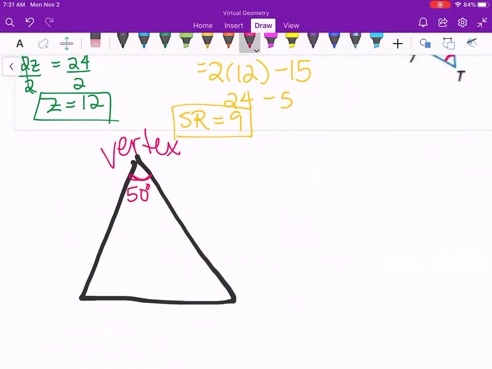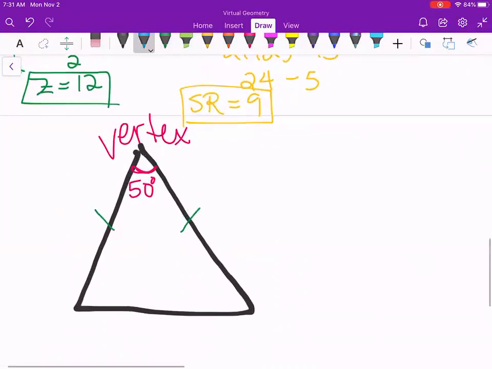Well, if that is supposed to be my vertex, that makes those two my congruent legs, which would make the other two my base angles. So just from angles, I don't have enough to find the legs, but from one angle in an isosceles, I can use that to get to the other two angles.